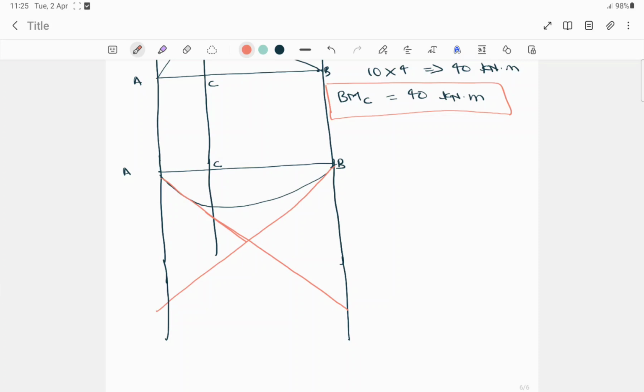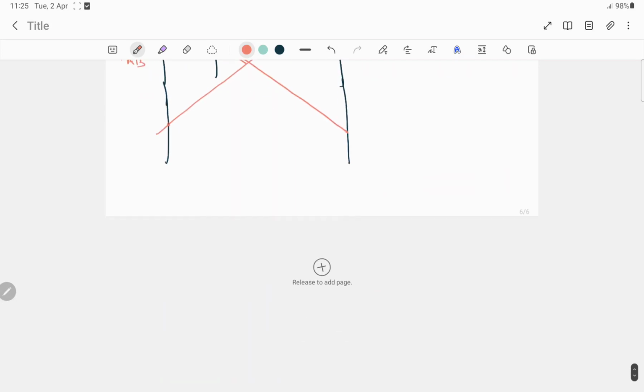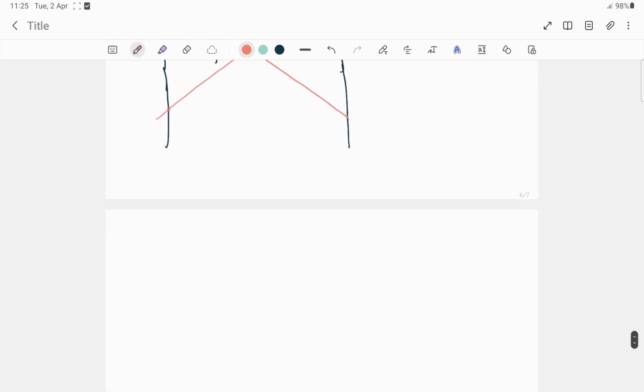Now let this distance from here to here be TAB, and this distance from here to here be TBA. Here I'll write down what TAB and TBA are.